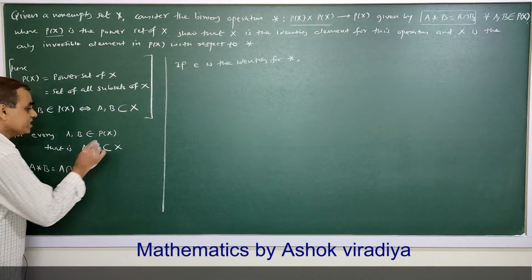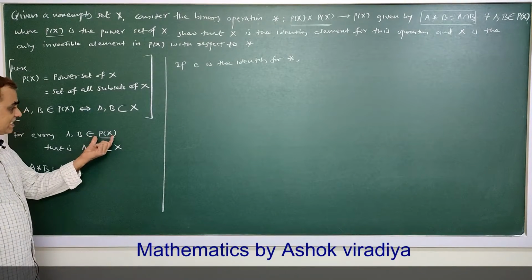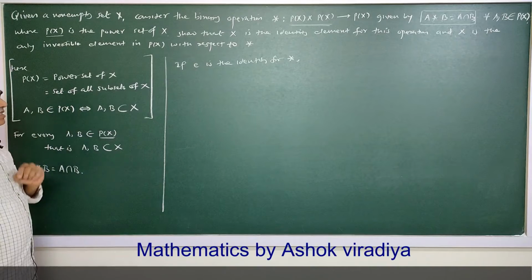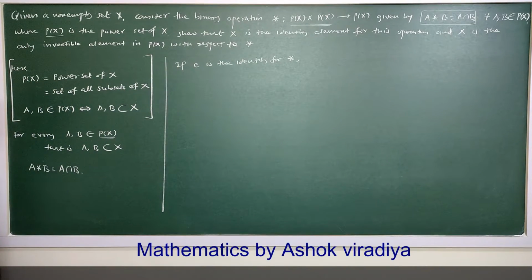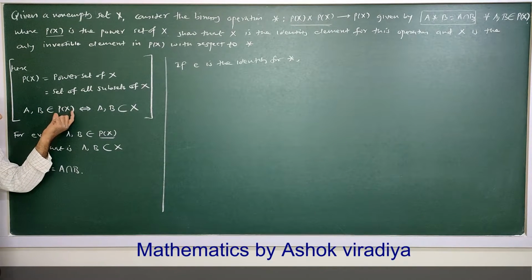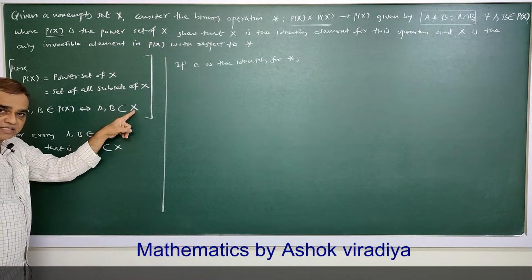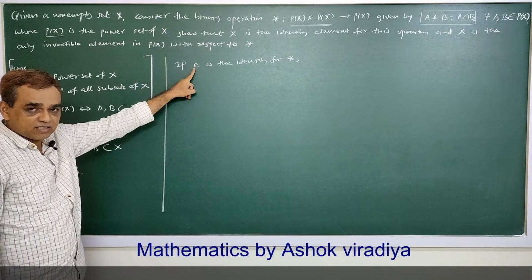Here this operation is defined on this set. What is it? It is the power set of X. So E must be in the power set of X. If E is in the power set of X, that means E must be a subset of X.